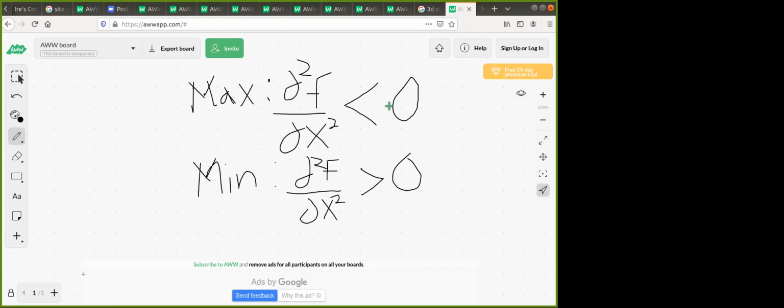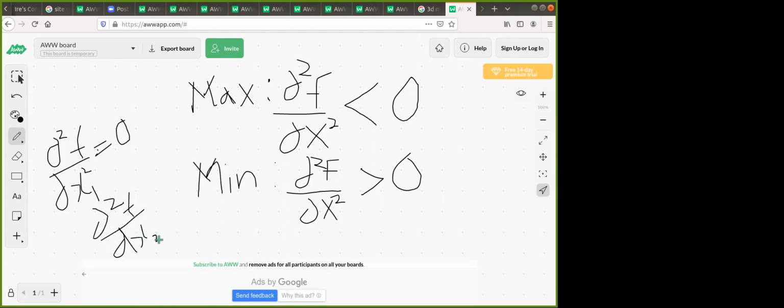If any of the variables equals 0, for instance, maybe you did d squared f over dx1 squared and it equals 0, and maybe the other one, d squared f over dx2 squared, we got it to be positive.